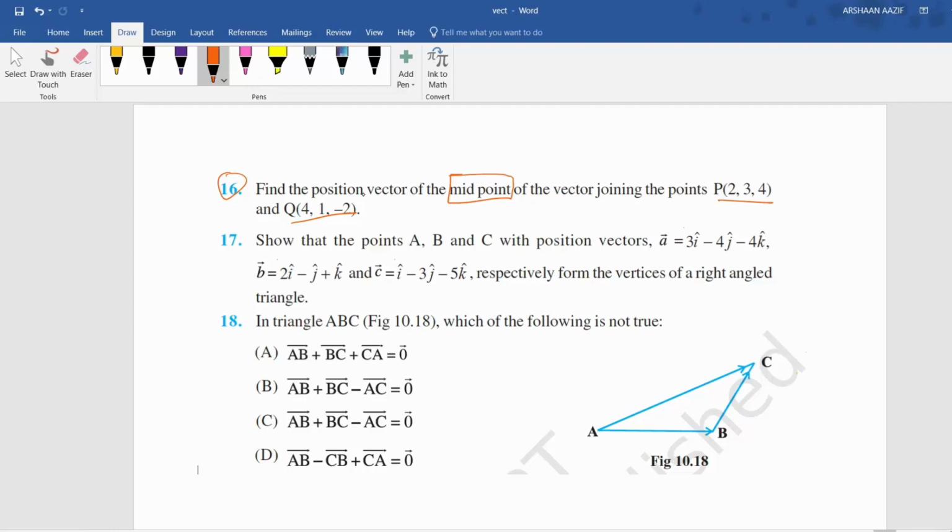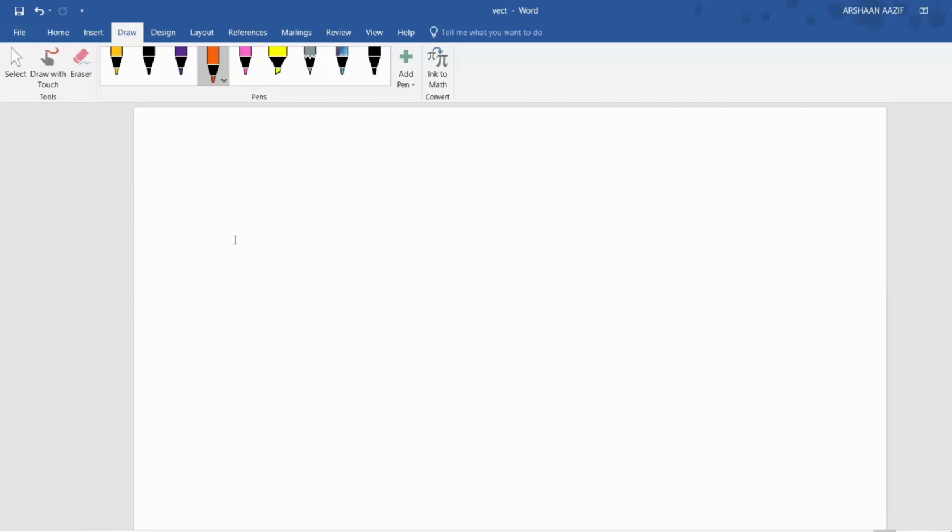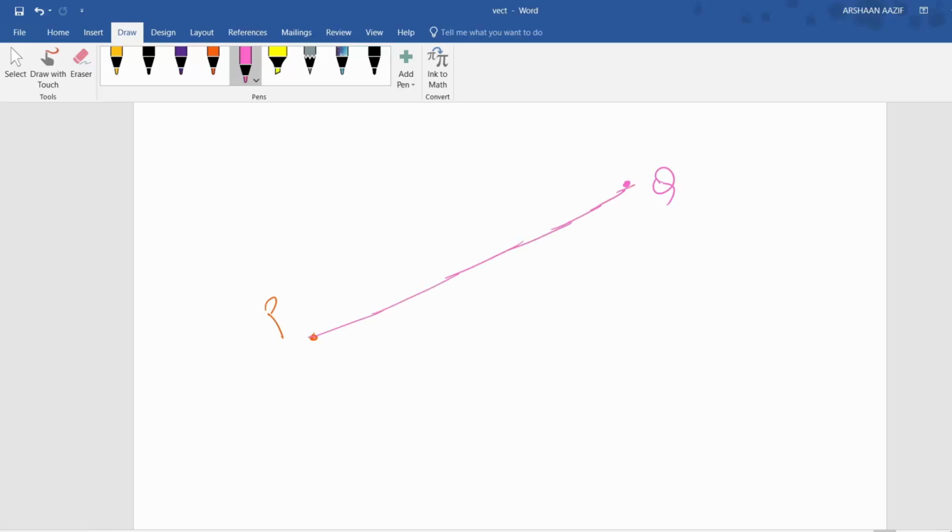And we have to find the position vector of a point which will act as a midpoint to the vector joining these two points. So we have the point P here, and this is point Q. There is a line connecting PQ, and we have to find the vector in such a way that it acts as a midpoint.